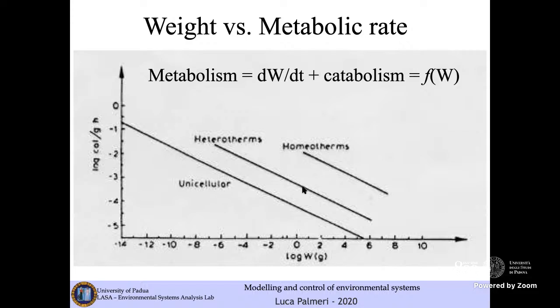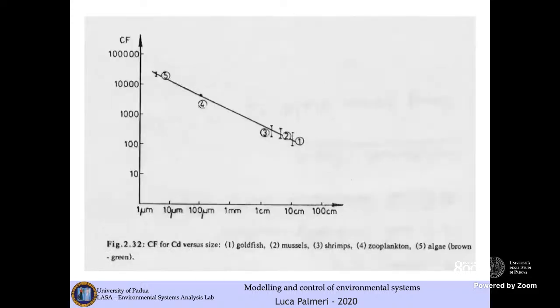Heterotherms instead are animals or living objects whose temperature varies according to the variation of external environmental temperature, and unicellular organisms or algae are in general organisms whose relationship between the weight and the energy consumption is lower.